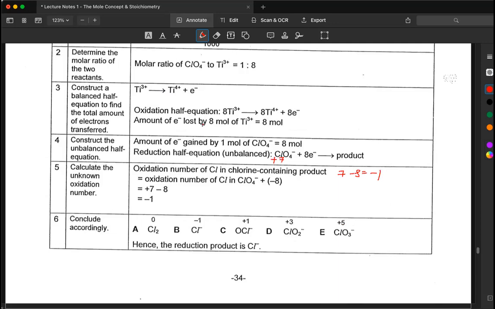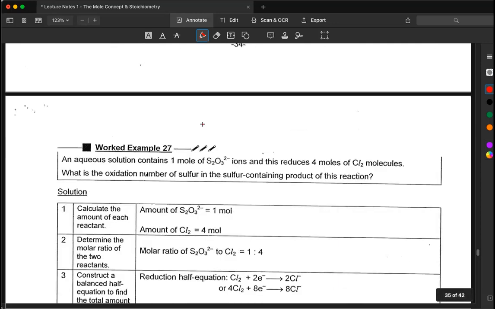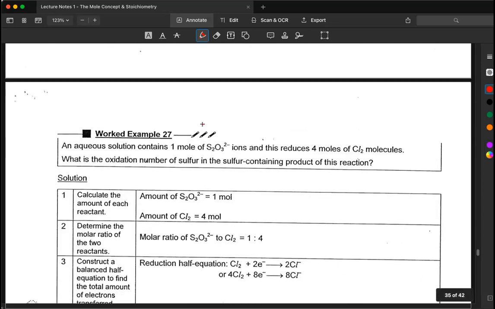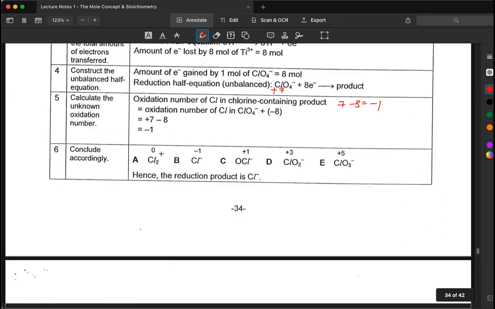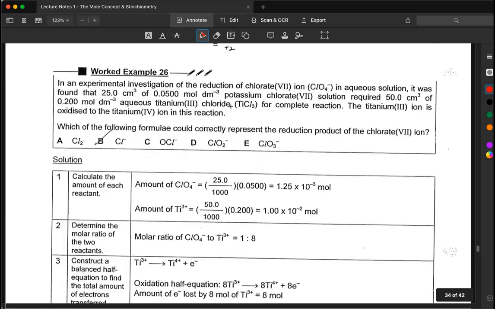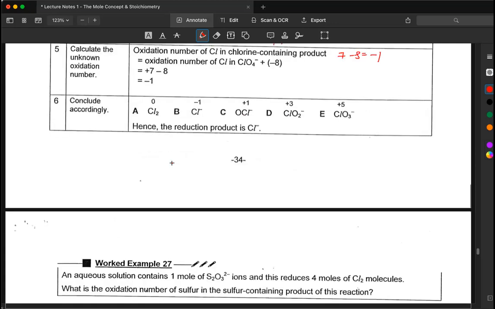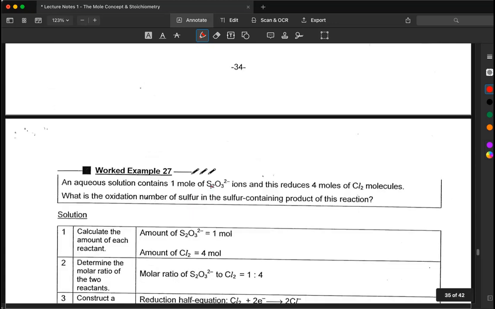Okay. A more complicated example. So you have 1 mole of S2O3 2-, and this reduces 4 mole. So we give you the mole ratio directly. No need to calculate mole directly. But this one, you have to be very careful. Just now, everything, the Cl is only 1. But this one is 2 sulfur.